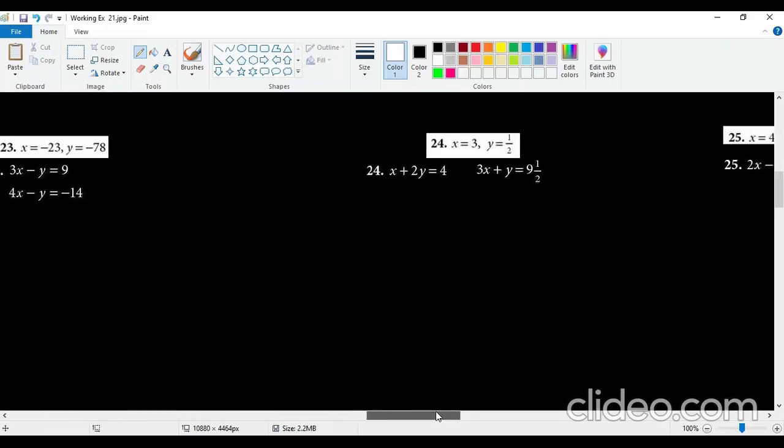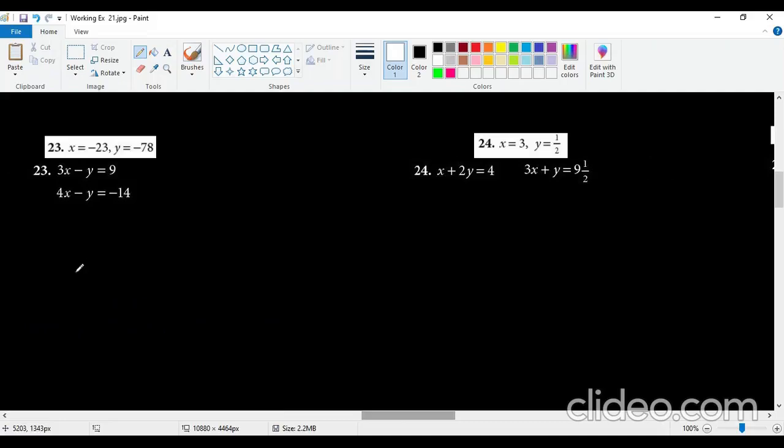Moving on to question number 23. In here, I will be multiplying this equation by 4 and this equation by 3. So this is giving us 12x minus 4y equals 36, and the second equation becomes 12x minus 3y equals 14 times 3, which is going to give us 42.